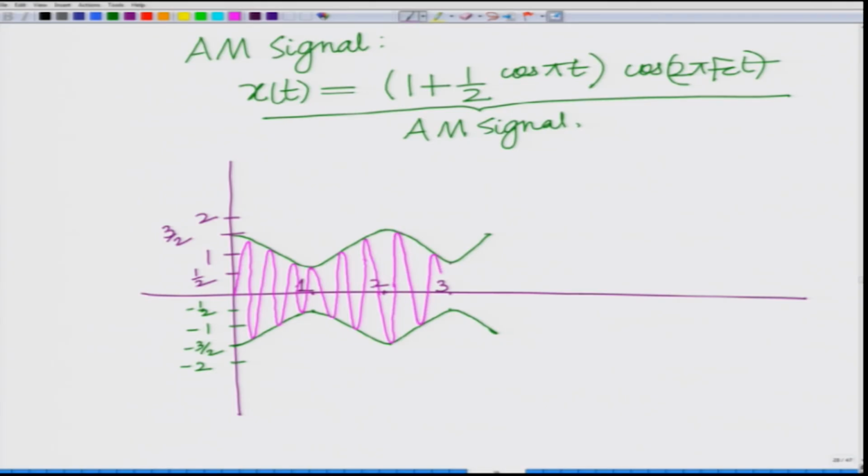So, I am going to have something that looks like this.